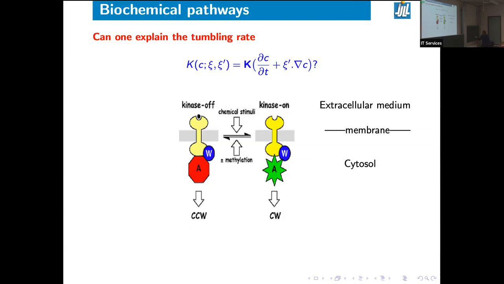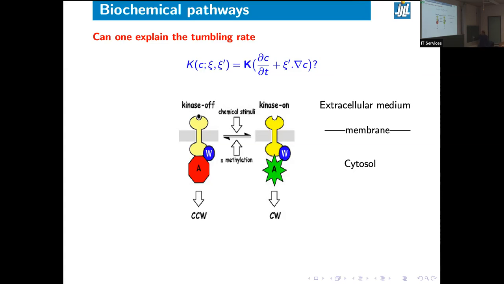And in our case, outside you have a concentration C of chemoattractant. These molecules can attach or not to the receptor, and when they attach, they produce a chemical pathway inside the cells, and if they detach, they create another pathway.